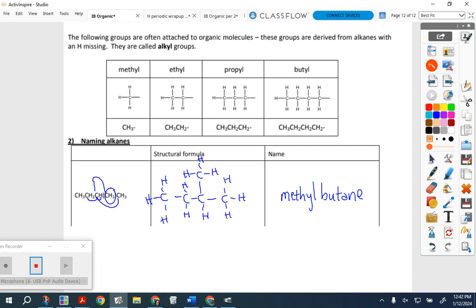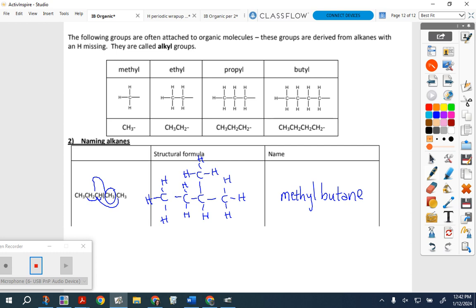In this particular case, it doesn't matter, and I'll tell you why in just a second. But in order to tell whoever is reading this name and trying to envision or write the structural formula from it, I'm going to tell them which carbon that branch is coming off of, which means I have to number the carbons in the butane carbon chain.